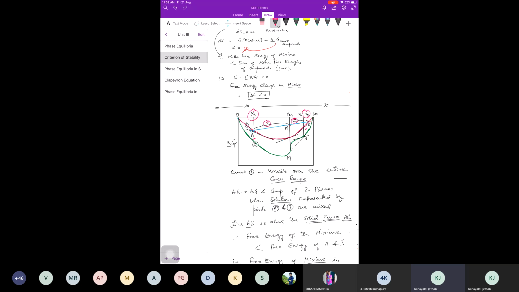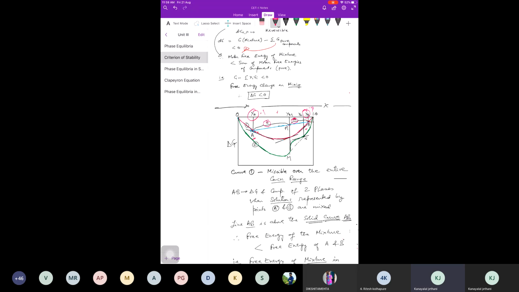Right? If I take more composition of A, suppose 0.1 and 0.9, and if I mix equal volumes of two, the mixture composition will be somewhere in between, right? Material balance से पता चल जाता है.